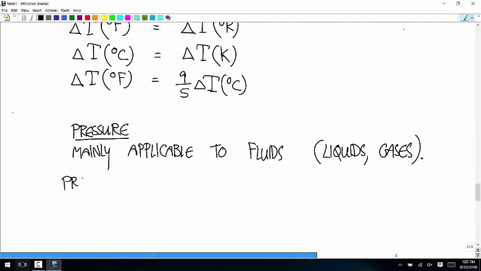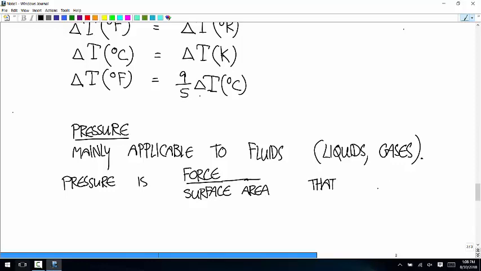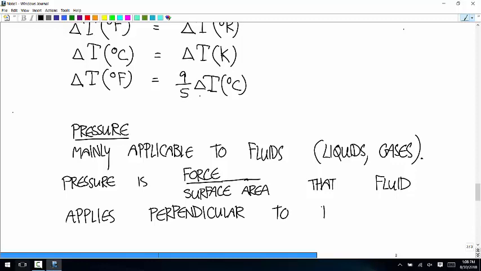Pressure is the force per surface area that the fluid applies perpendicular to its boundary.